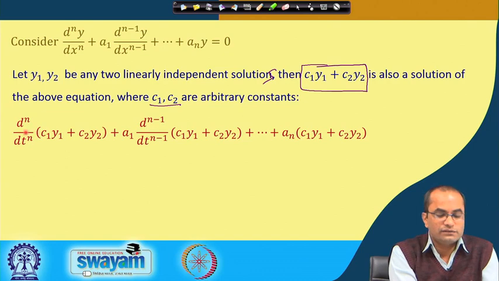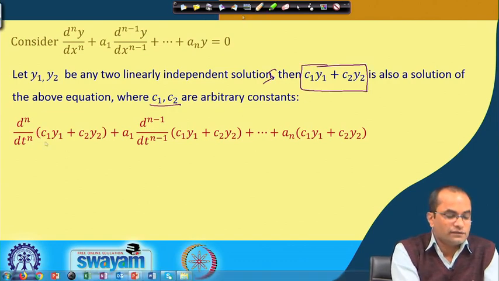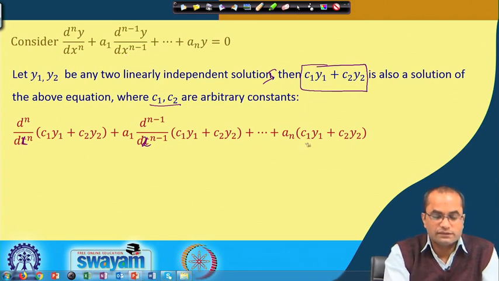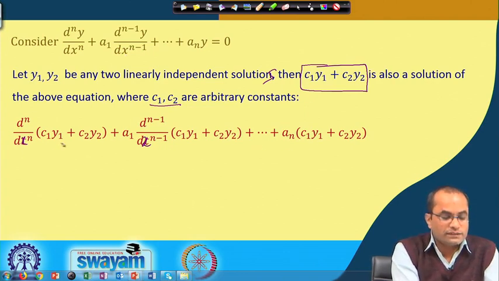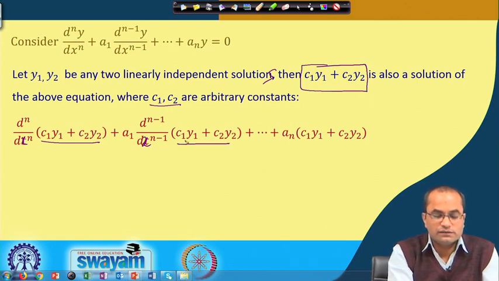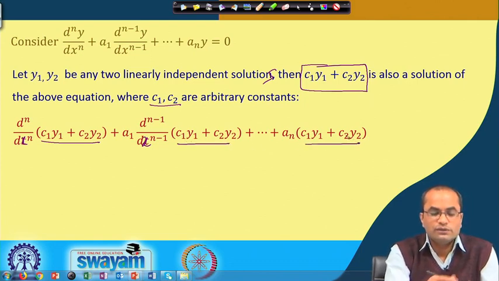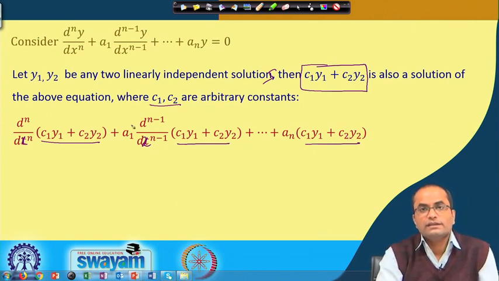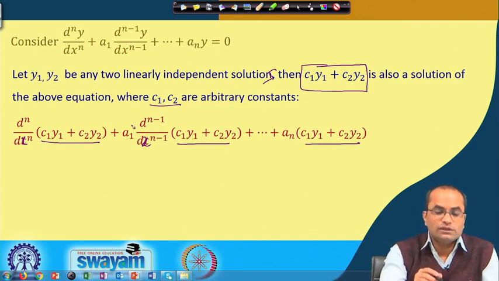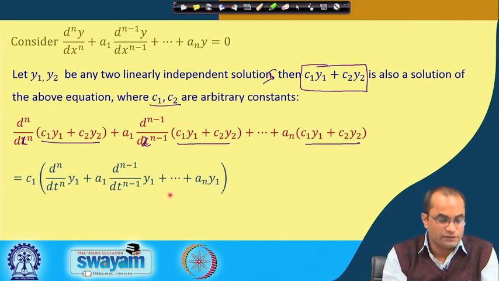So, we have this nth order term with x here, not t, we have used x there. By substituting c1 y1 plus c2 y2 in place of y, we will check if this is equal to 0. If this is the case, then we call this also a solution of the given differential equation.